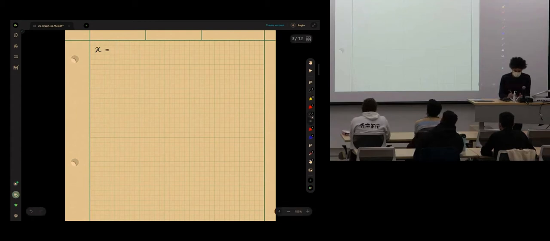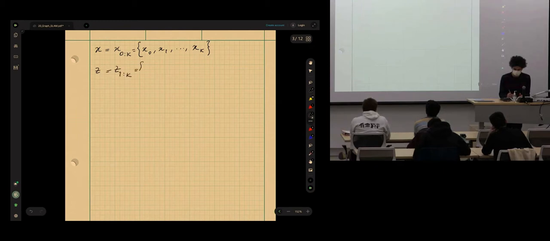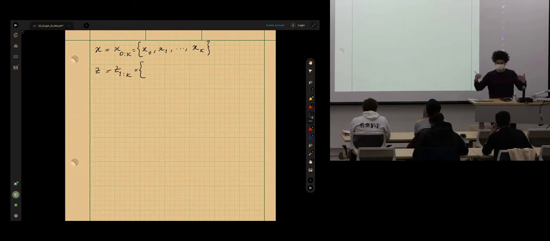So the notation X with subscript 0 colon K means a set of all variables from time step 0 until time step K. Likewise, we can define the same notation for the measurements. This notation is a set of variables. It's not just one variable.